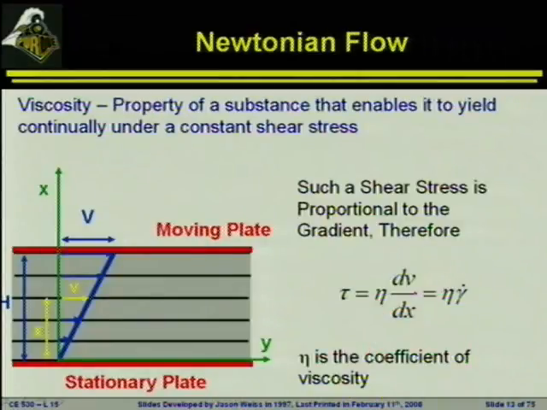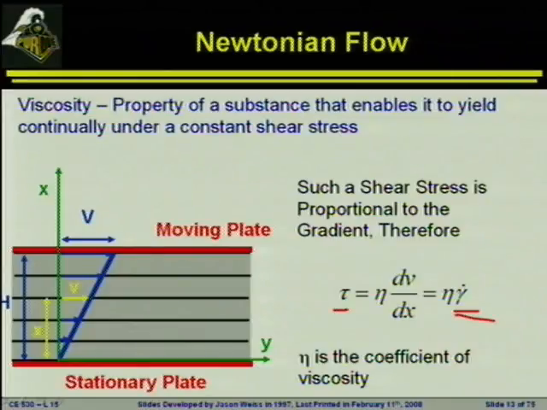It turns out that in materials that aren't linear elastic solids, we can also get another relationship that relates the shear stress, tau, with the rate at which it's being strained, gamma with a dot. Now the gamma with a dot is simply the strain rate. So here you could think of a plate. The bottom we've got a stationary plate.